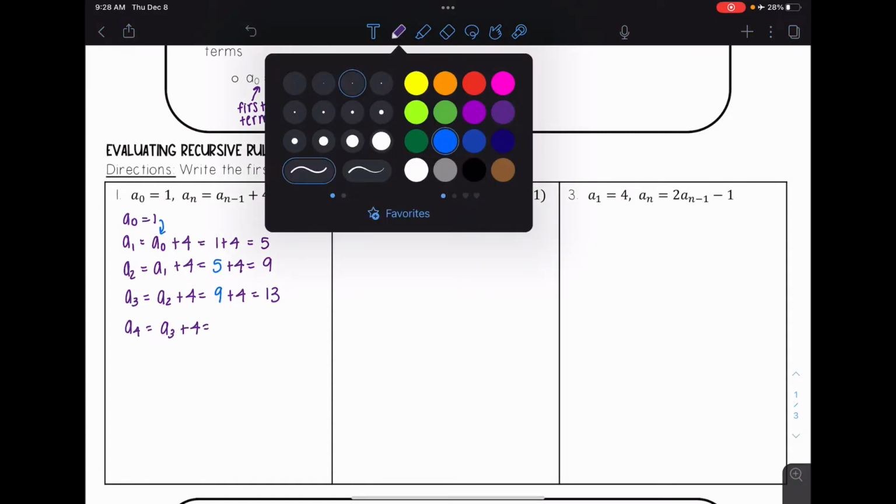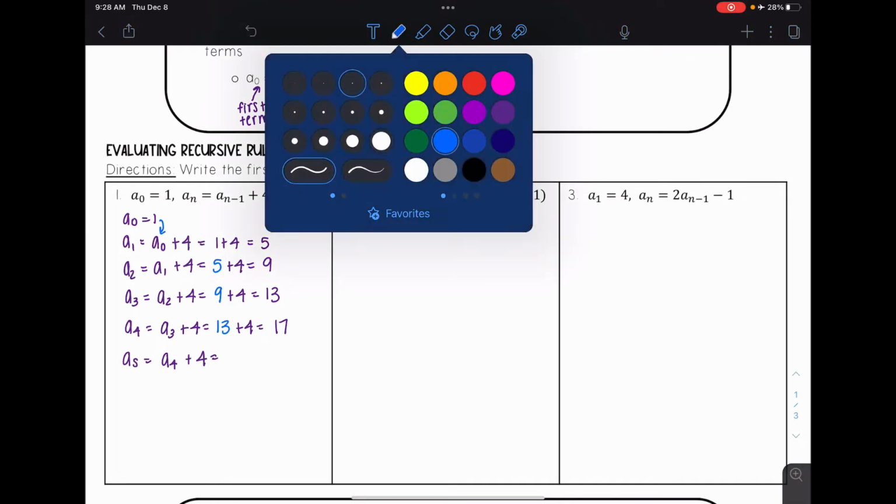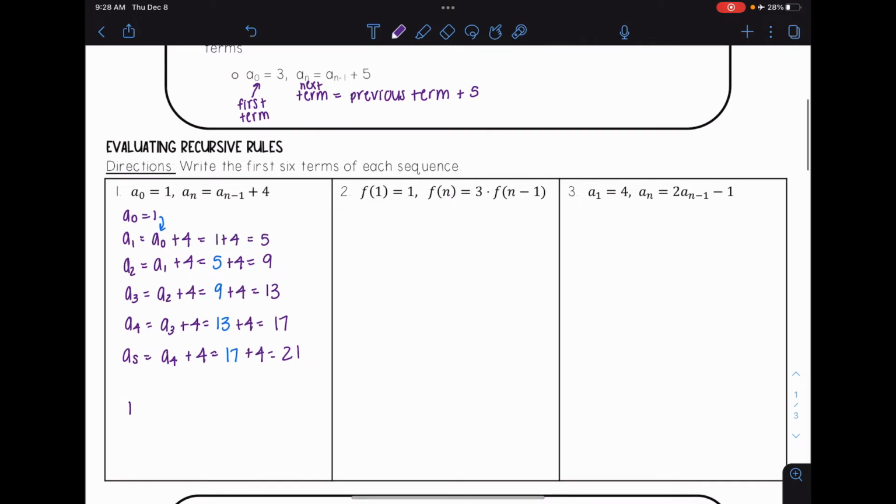Well, we just found that a_3 is 13, so I'm going to have 13 plus 4 to get 17. And then my last term is going to be the previous, a_4, plus 4. So I have 17 plus 4, which is equal to 21. So the first 6 terms are going to be 1, 5, 9, 13, 17, and 21.